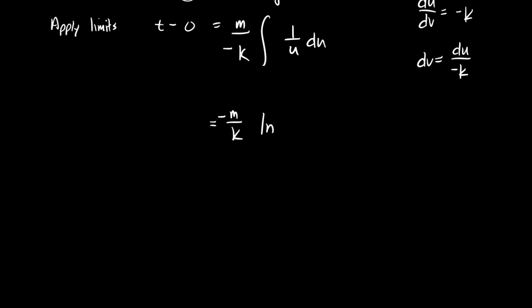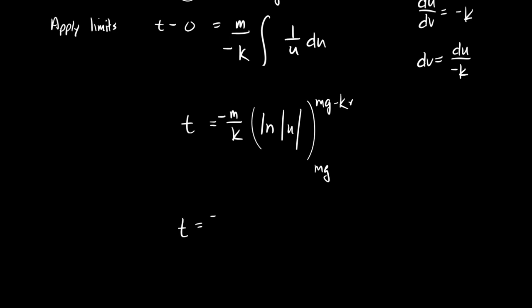So I'll get natural log of u, but I have to evaluate this from mg to mg minus kv. Everybody good so far? Following along? One more step, and the calculus is done. So we got to plug in our limits.